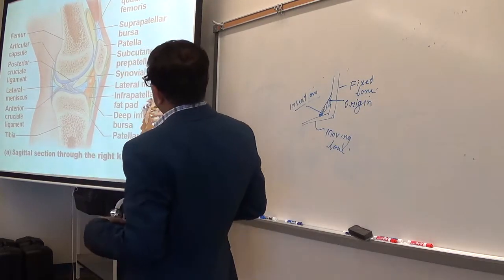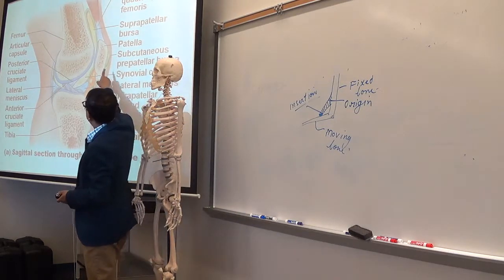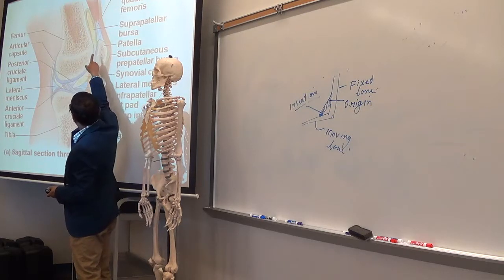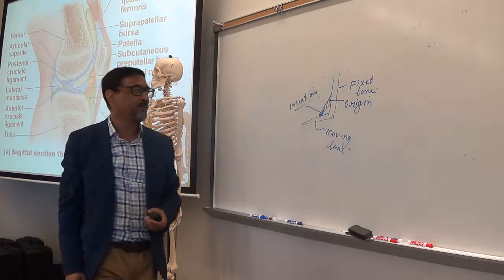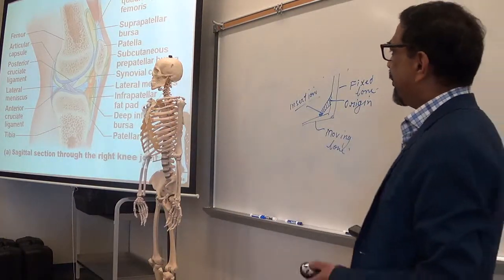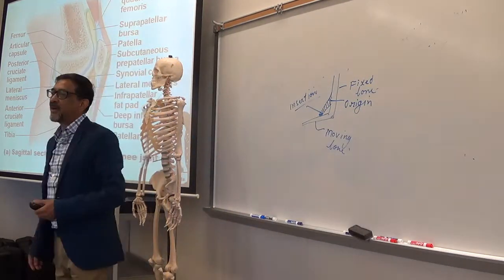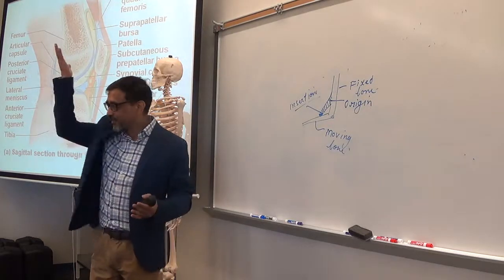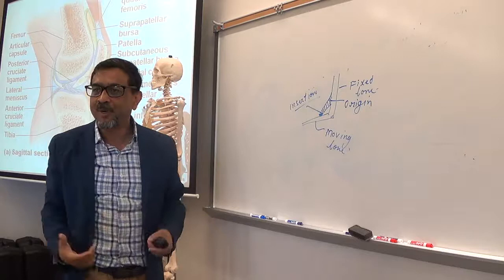Now, this is a large synovial joint and it has a few bursae. You see these green structures are flattened fluid-filled sacs, bursae. Above the patella, you have a large bursa that is called the suprapatellar bursa. Supra means above, right? So above the patella, suprapatellar bursa.